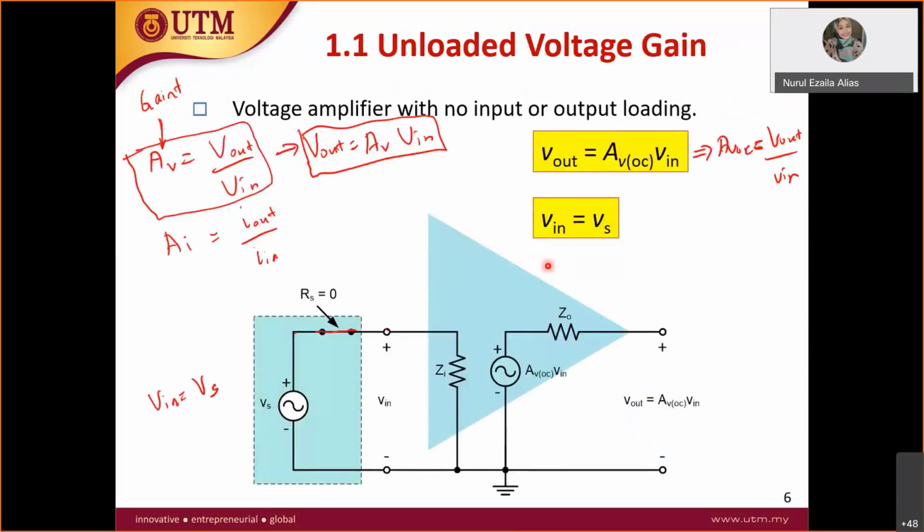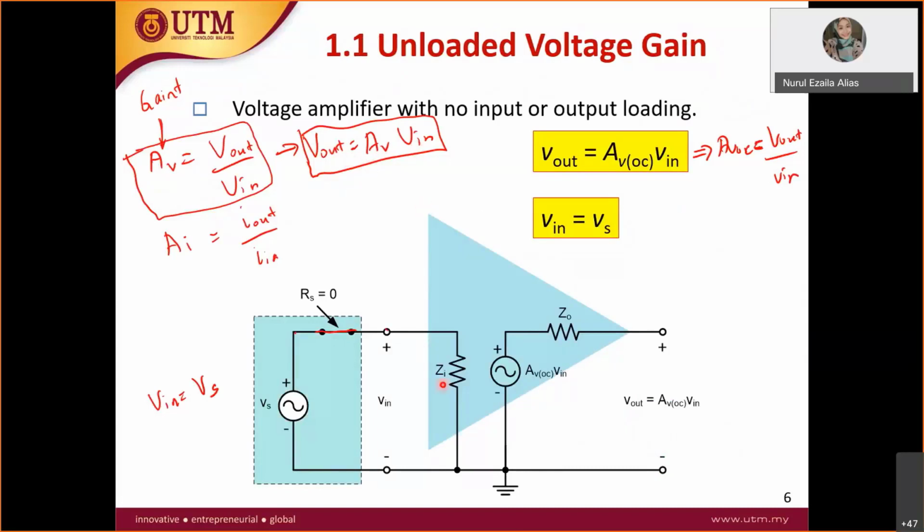So this is from the previous lecture, but I put it here so that we can do some recall of it. AV, which is the voltage gain, is equal to V out over V in. If you want to get your V out, then you have to multiply AV times V in.